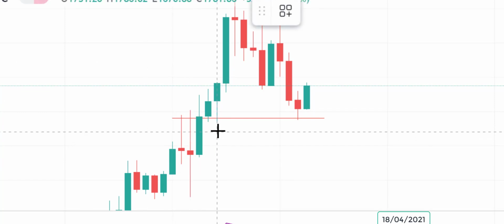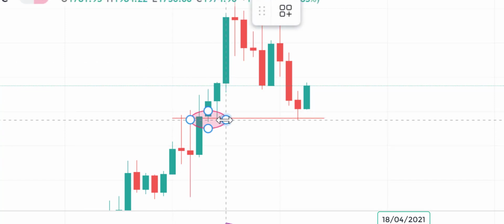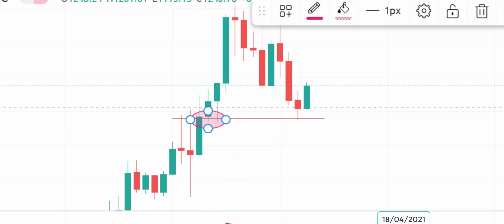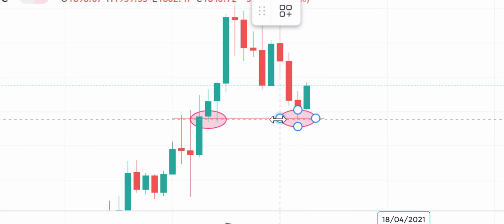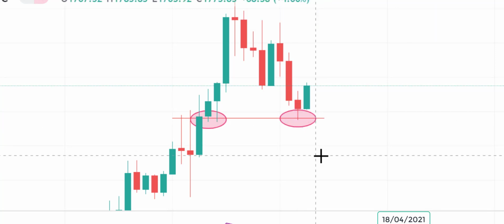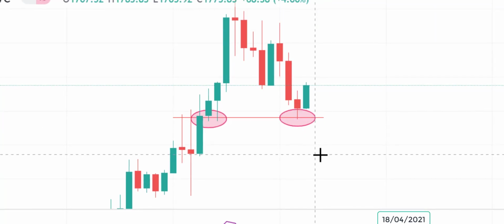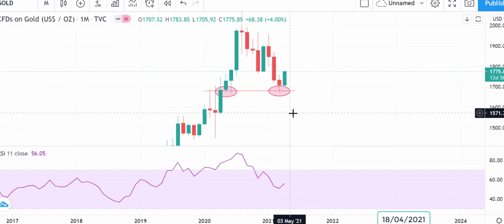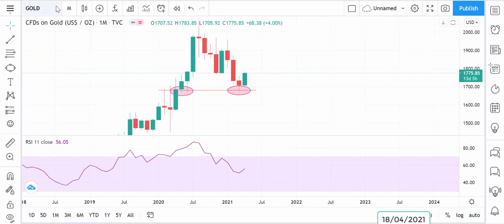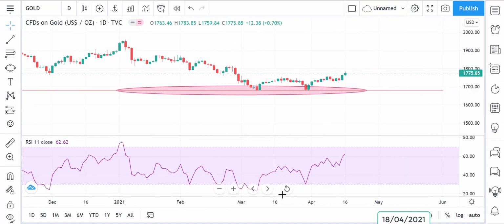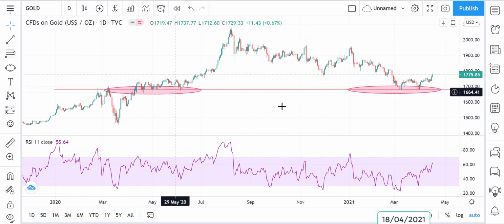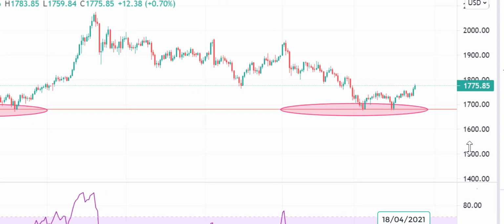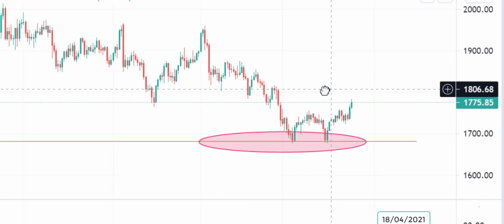So yes, technically the 1680 level is a really important zone. Earlier it acted as a resistance, then support, and again a support zone, that is change of polarity. So yes, prima facie this support level acted really well, and then there was a breakout on the upside.